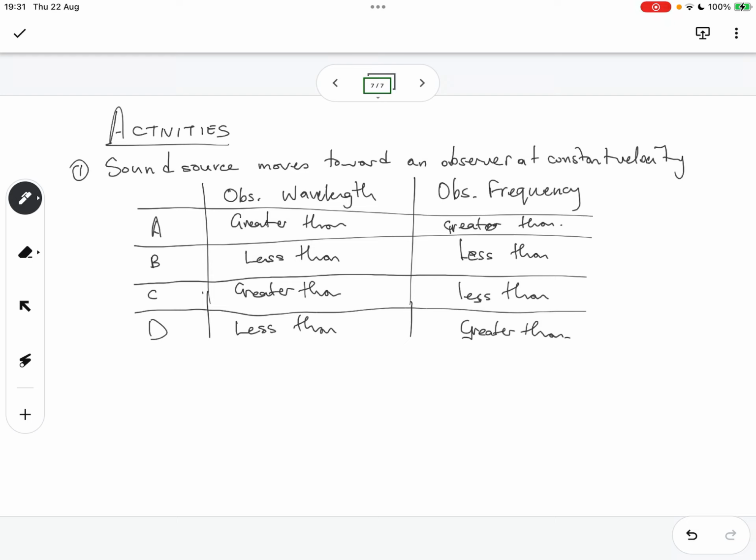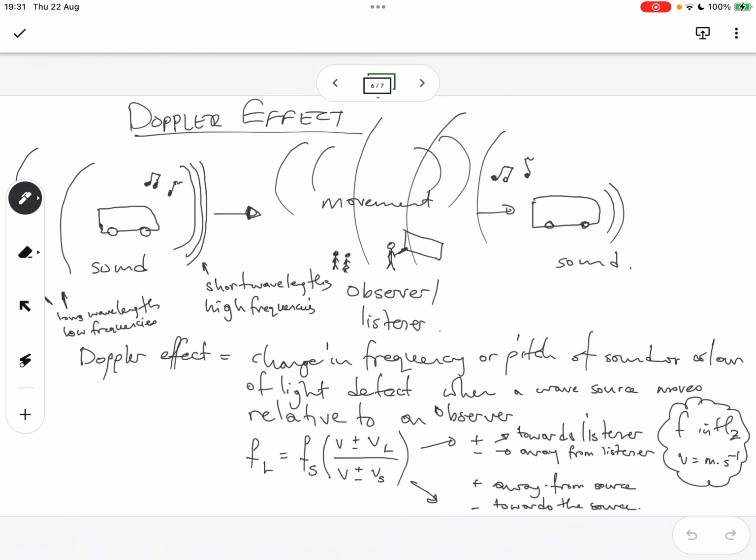Anyway, so we want to select the best possible option, right? What we know from our previous slide is that from the Doppler effect equation, the frequency of the listener equals the frequency of the source times the speed of sound plus or minus the speed of the listener, divided by the speed of sound plus or minus the speed of the source.